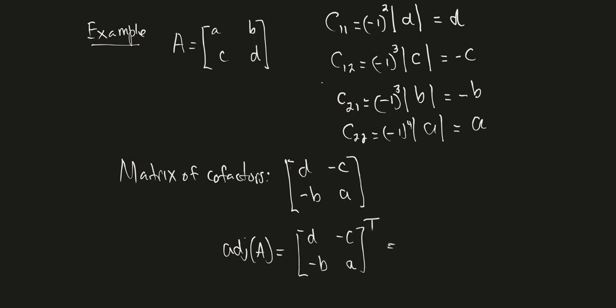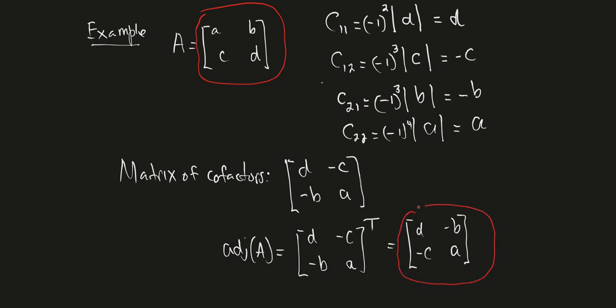When we take the transpose, the first row becomes the first column like that, and the second row becomes the second column like this. And there we go. I want you to take a look at the original matrix and its adjoint.